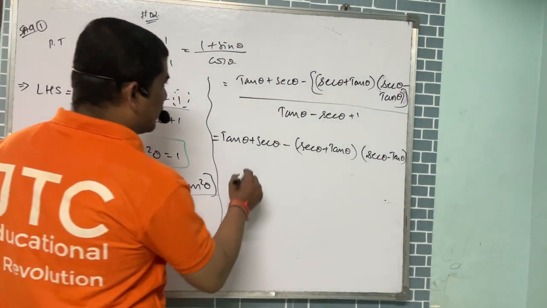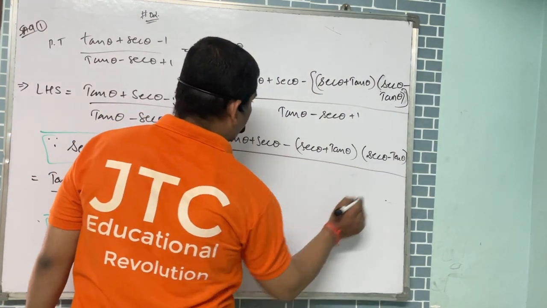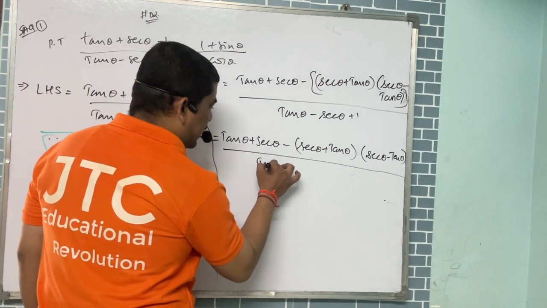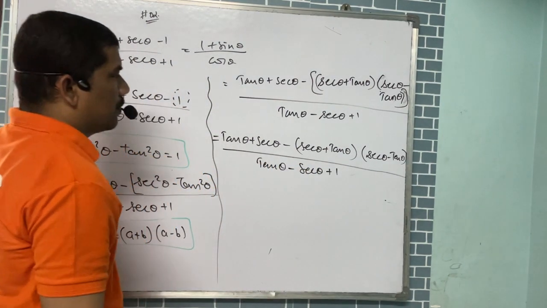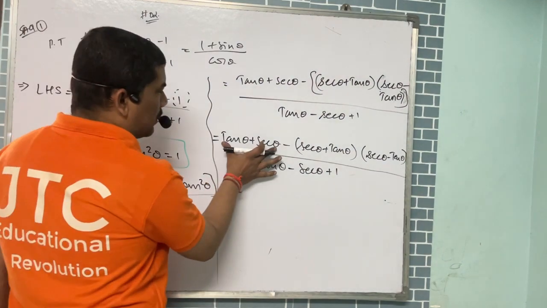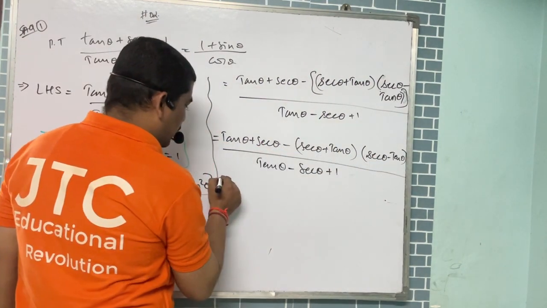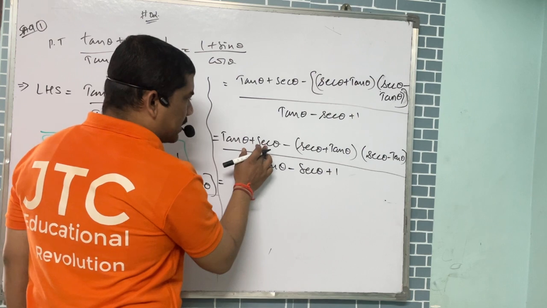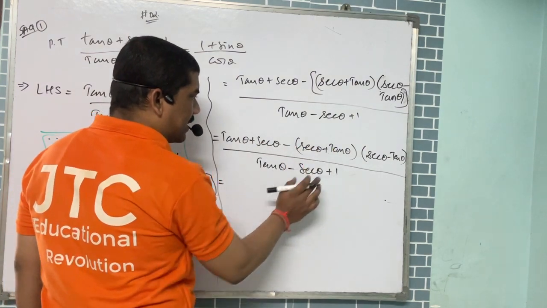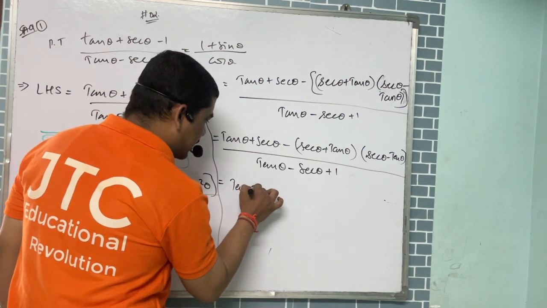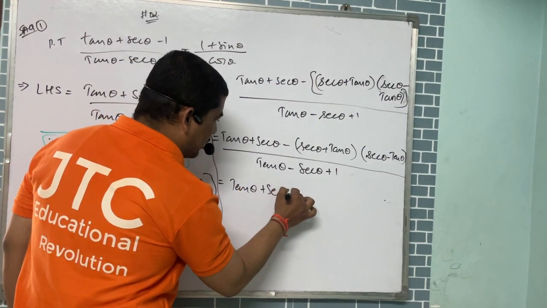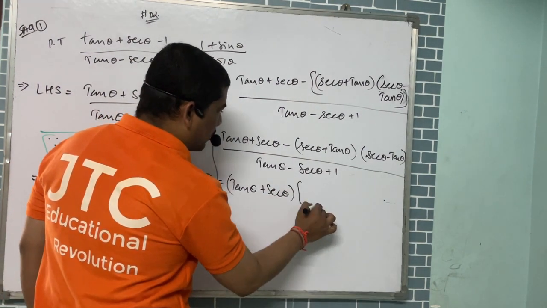Now, if you look at the denominator, keeping it as it is, in this numerator this is one term, this is one term. What is common? Tan theta plus secant theta and secant theta plus tan theta, both are the same. So that is common now, and I am writing it outside the bracket.